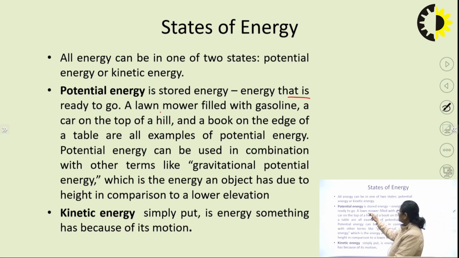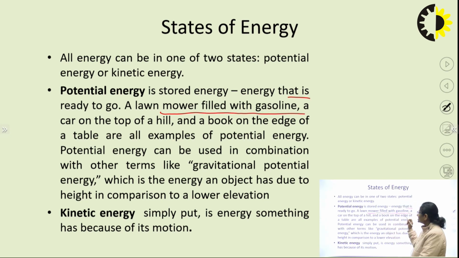For example, a lawn mower which is filled with gasoline is ready to move to cut the grass. A car on the top of the hill is ready to move downhill. A book on the edge of the table. They all are examples of potential energy. Potential energy can be used in combination with other forms like gravitational potential energy.